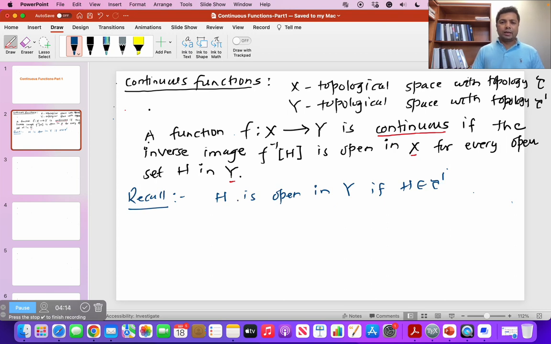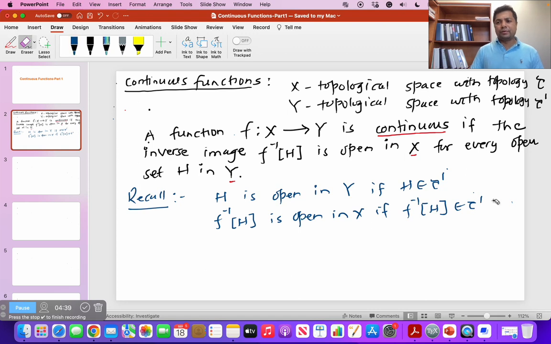And in this definition we need this inverse image to be open in X. So the inverse image of H is open in X if f inverse H is an element of tau.